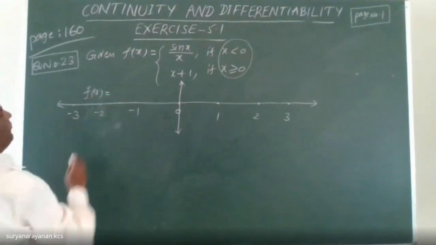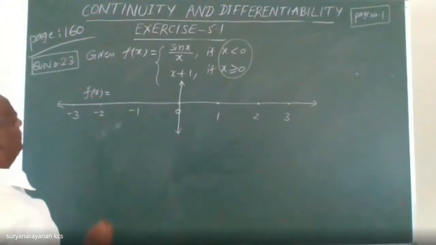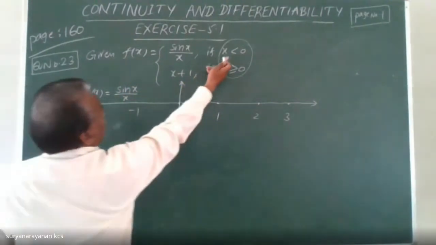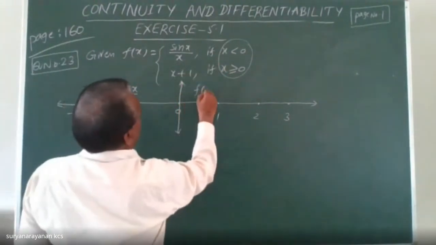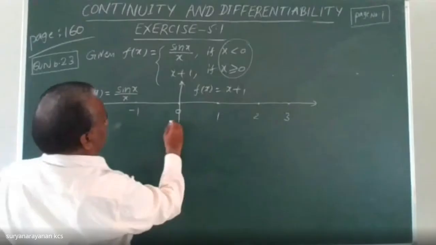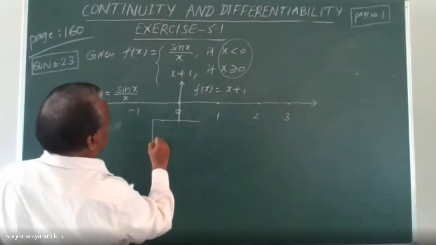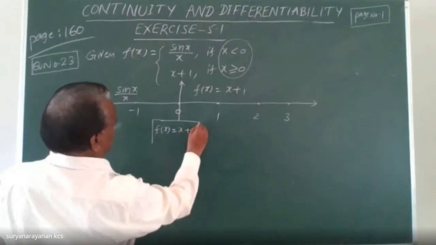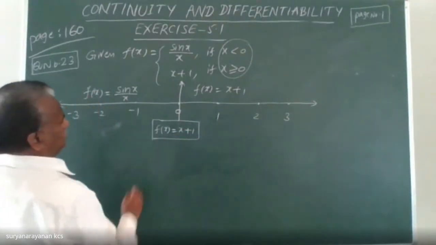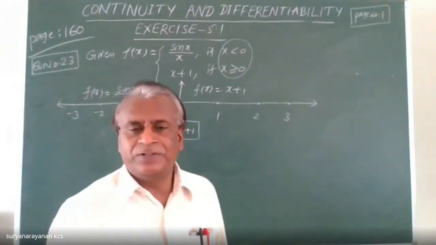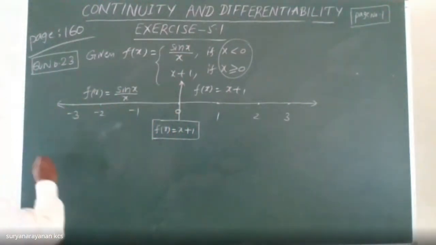For x less than 0, f of x is equal to x plus 1... exactly at x is equal to 0, x plus 1. So let us find the left hand limit, right hand limit and function value.